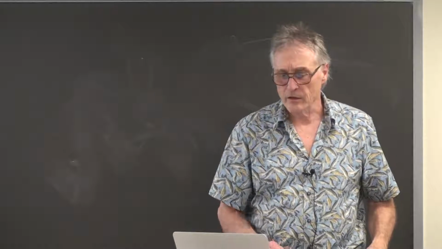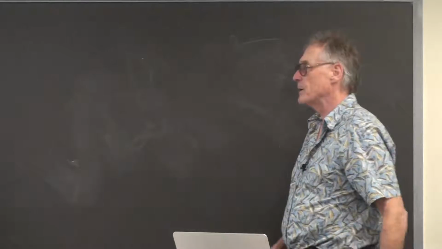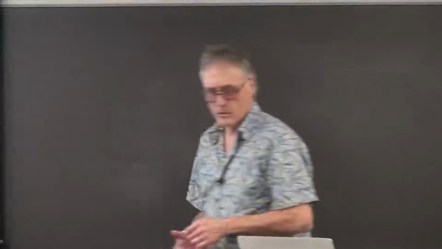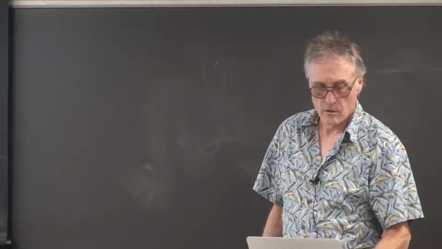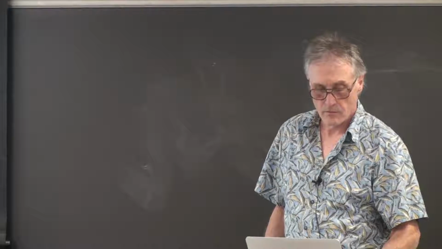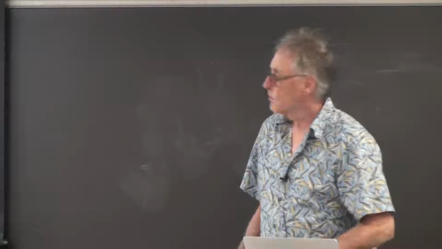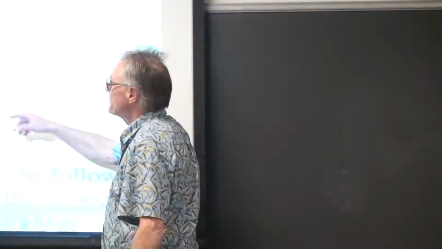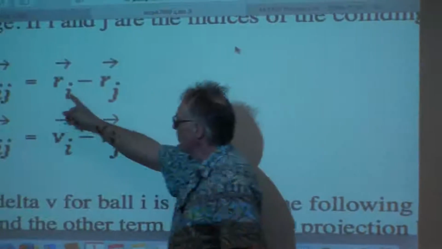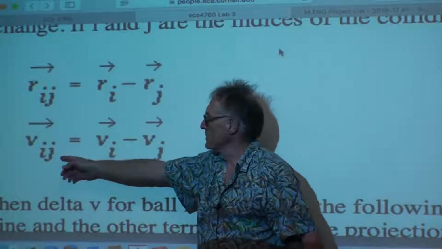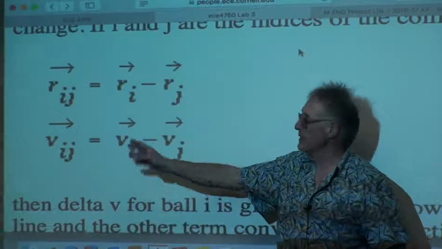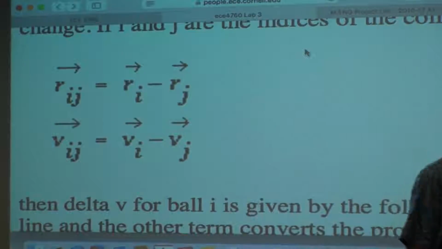We're going to calculate the difference between the position of two balls and calculate the difference of the velocity, because the only thing that matters is the relative speed and the relative position.